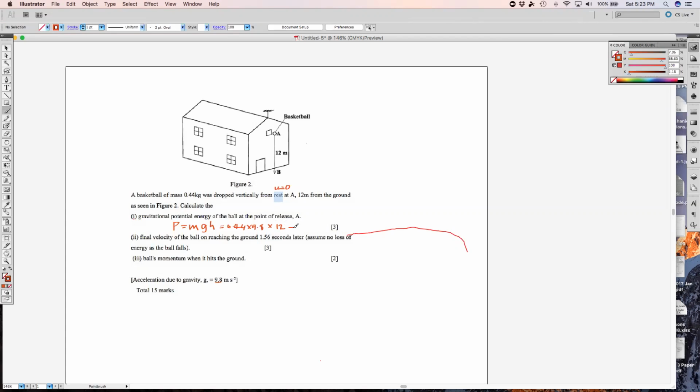How much? 51.744. 51.7 I'll use. And that will be in joule. Did I say P? It's supposed to be energy, or potential energy. That's what I meant to write.